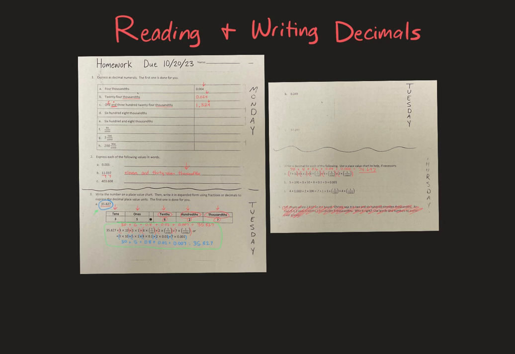If you want to knock it all out in one day, that's fine. But I chose Monday, Tuesday, and Thursday so that I know some of us go to church, and so we don't really want homework on Wednesdays, and I totally get that. So you don't have to do Monday's work on Monday. You don't have to do Tuesday's on Tuesday. You can do this throughout the week, but it is due on Friday the 20th, okay?